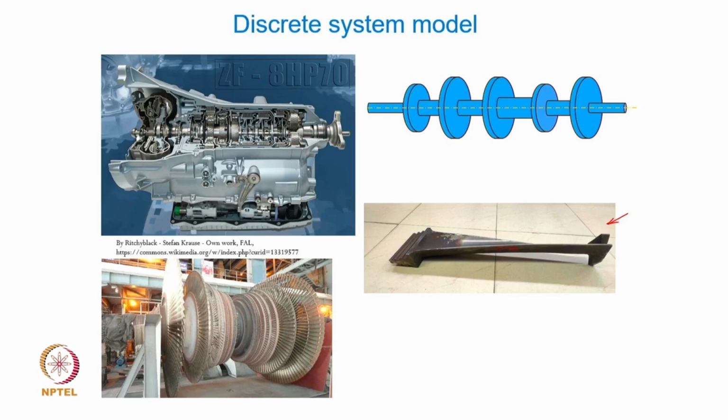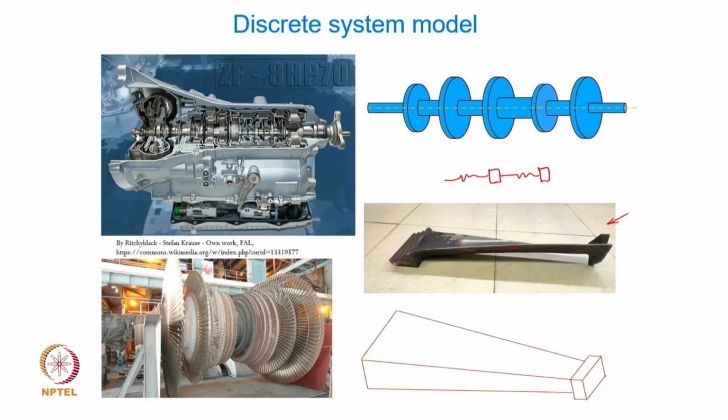And if you want to model this as a vibratory system, it looks very odd to model this like a spring mass system with 1 or 2 masses connected, right? Even if you want to model this as a torsional vibratory system or a longitudinal vibration system, the modeling is not going to be very simple as such.